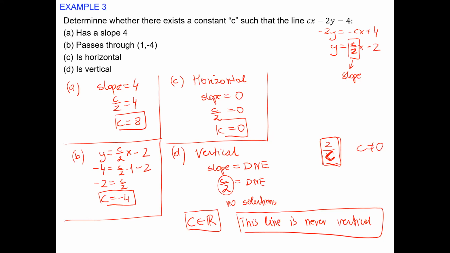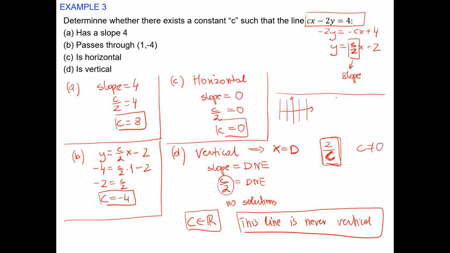That means we don't know. However, let's check something. The vertical lines have the equation x equals a constant, let's say d. Like if x is equal to 1 or 2 or -1, -2, those are the vertical lines.